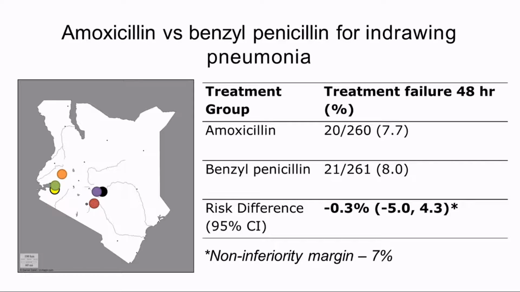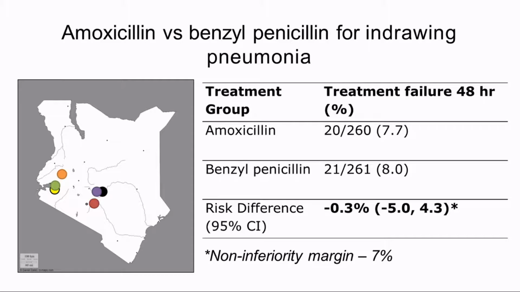And we did this at 6 sites in Kenya, 6 public hospitals, including 3 sites in Western Kenya where malaria is endemic, and the 3 other sites were around central Kenya. So this was a pragmatic clinical trial which included children with numerous comorbidities. Actually, almost half of the children admitted had pneumonia and another condition alongside pneumonia.